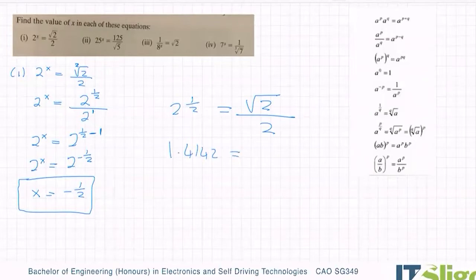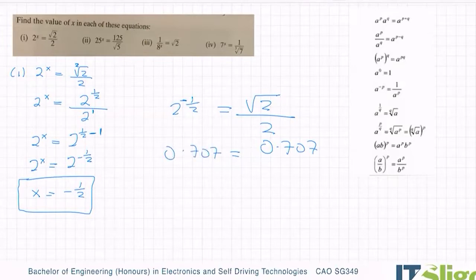Root 2 then over 2. Oh, I put in the calculator wrong. Root 2 over 2, S to D. Oh, minus a half would have been handy. 0.707. My apologies, it's minus a half here, not a half. So 2 to the power of minus a half is 0.707.